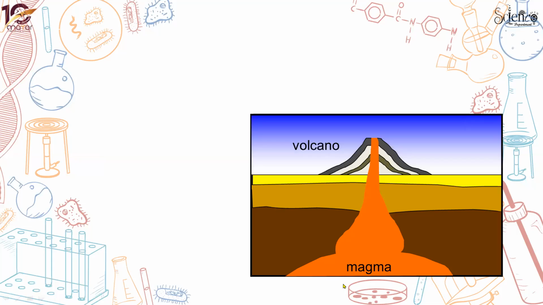Who knows what is magma? What is magma? Yes, ya Nada. It's molten rocks. Excellent. It's molten rocks. Why are they molten or melted? What melts these rocks?